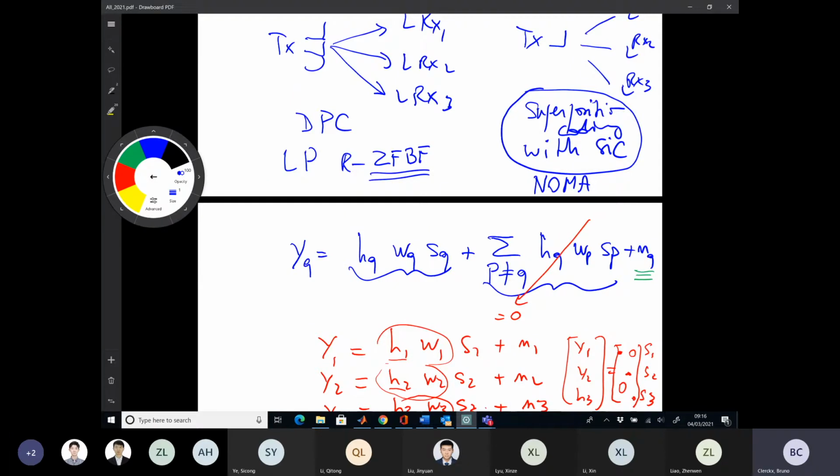And regularized zero forcing beamforming essentially is a form of MMSE precoder. So it's a precoder that will be designed such that you balance the effect of the multi-user interference and the effect of the noise. And so if your noise is actually very dominant compared to this multi-user interference, you will try to maximize the SNR by having your precoder closer to matched beamforming.